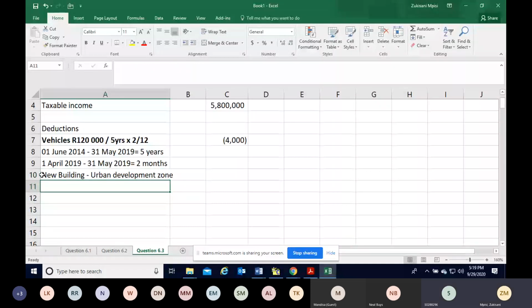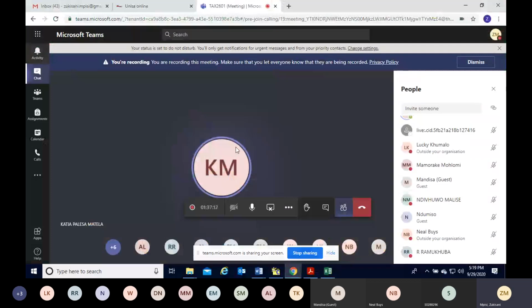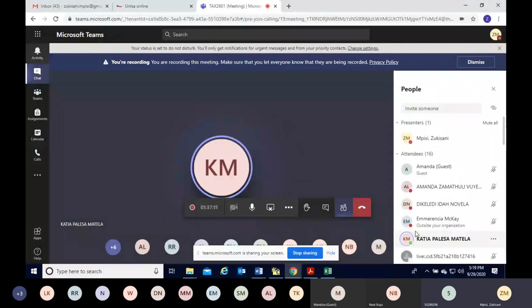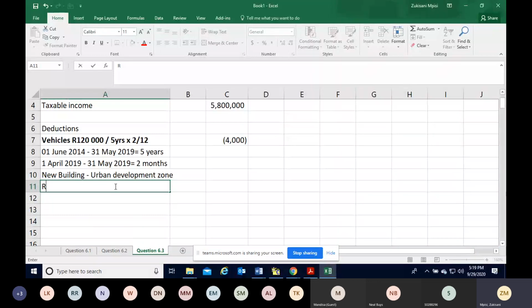Because it is a new building, it's going to be 2,181,819. First multiply by 55% because it is new, and then multiply by 8%.